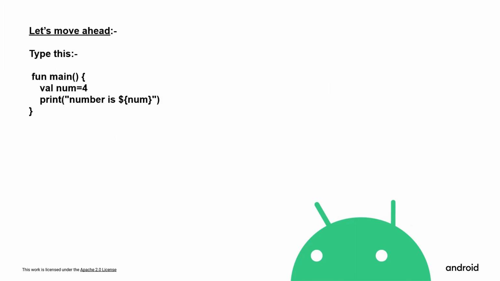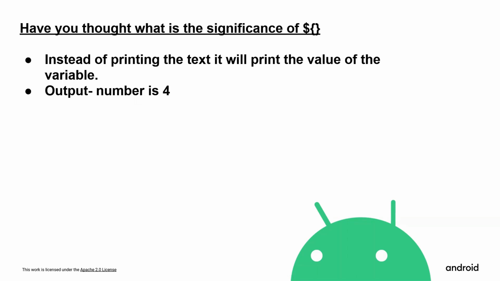So let's move ahead. Guys, can you please write this code in the Kotlin Playground? Here you can see that num is assigned 4. We wrote num equal to 4 and we print num is dollar curly braces num. Can you think what is the significance of dollar curly braces?